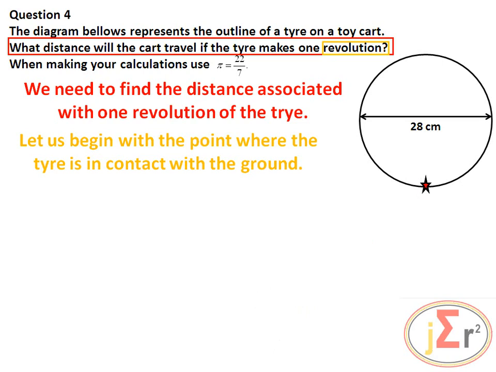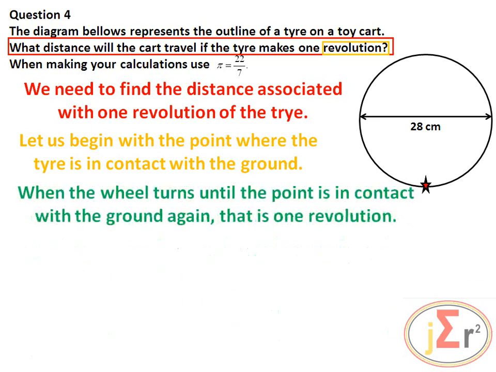When the wheel turns until the point is in contact with the ground again, that is one revolution. Then the wheel would have gone one revolution, and the distance associated with it is the distance of one revolution.